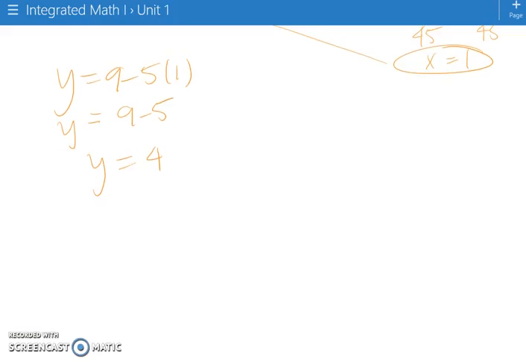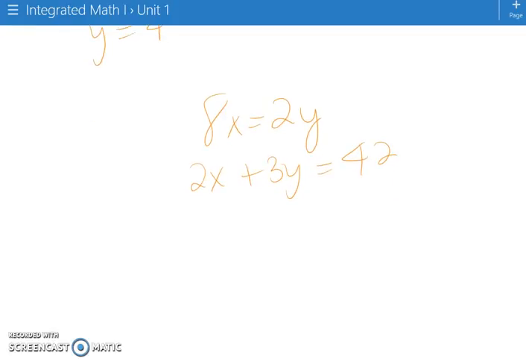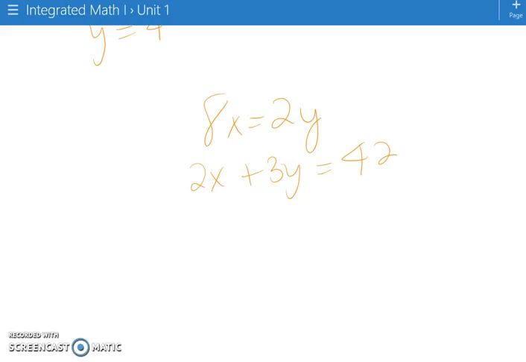Second example, 8x equals 2y and 2x plus 3y equals 42. So I'm going to pick a variable to isolate. I think this y seems easy. So I get 8x equals 2y, so I'm going to isolate.